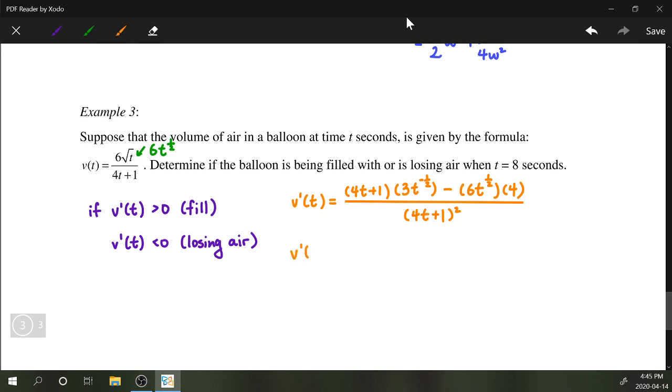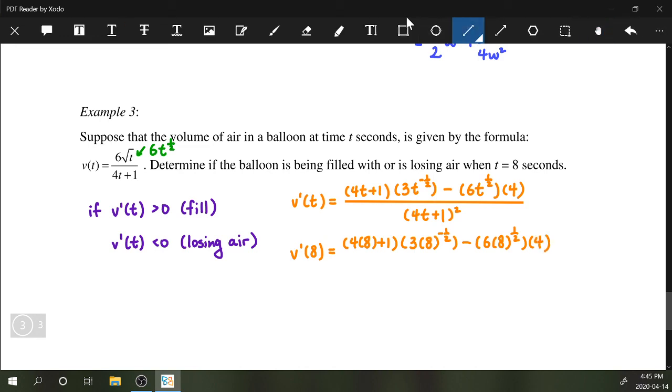In this case, we will not expand this because all we need to do is substitute 8 directly into the derivative to find out whether the balloon is being filled with air or losing air at t equals 8 seconds. So that will be 4 times 8 plus 1, and then 3 times 8 to the negative 1/2 power minus 6 times 8 to the 1/2 power times 4.